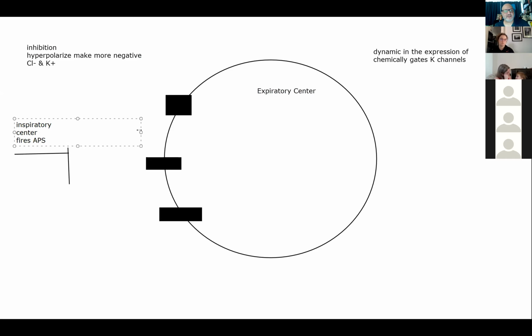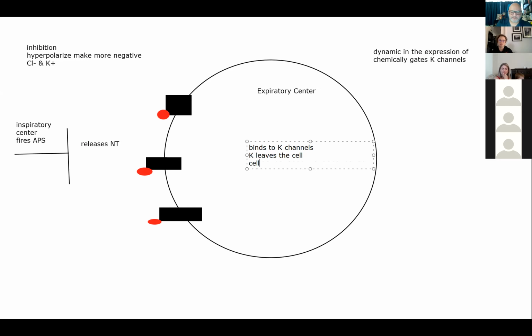And of course, when it fires action potentials, it releases neurotransmitter. That neurotransmitter is going to bind to these potassium channels. And when it binds to potassium channels, potassium leaves the cell. And as potassium leaves, the cell gets more negative. That makes sense?